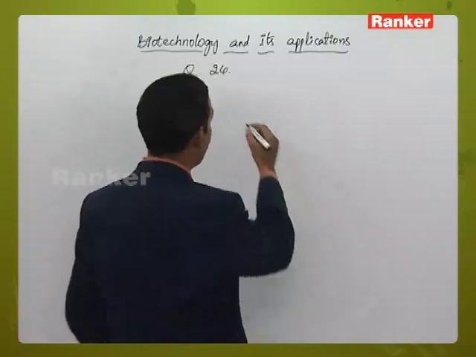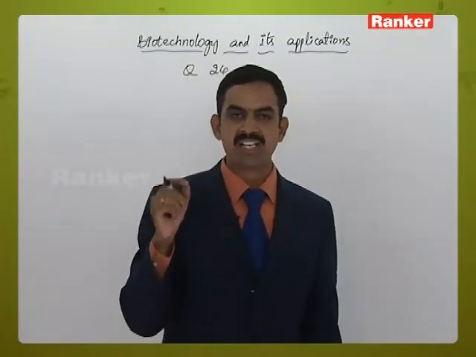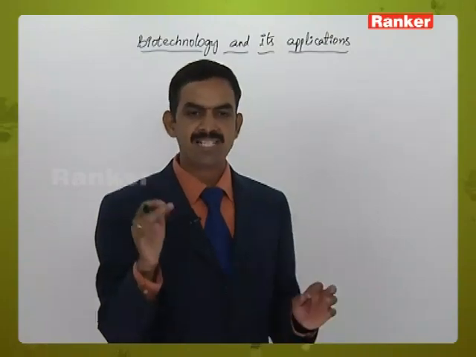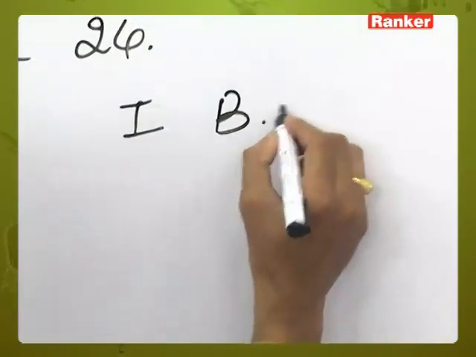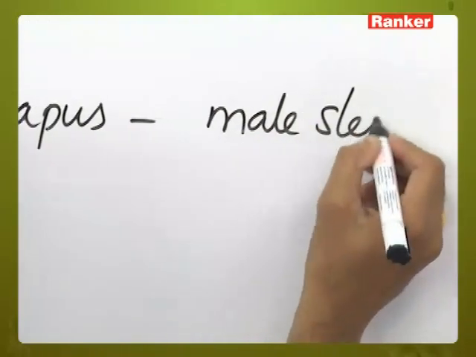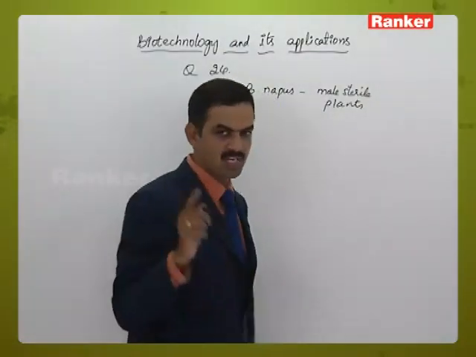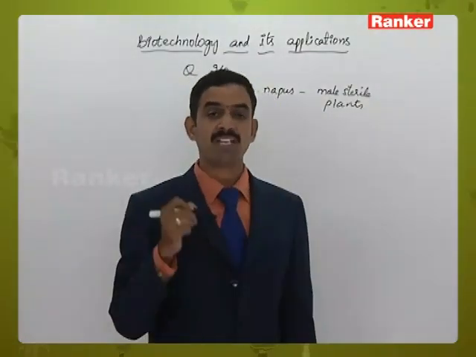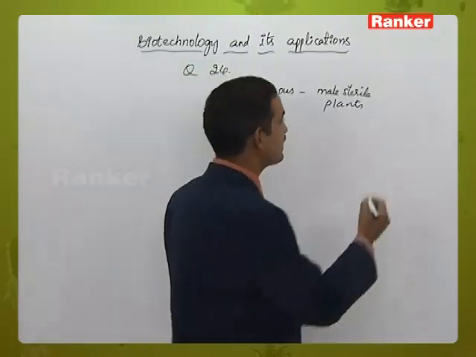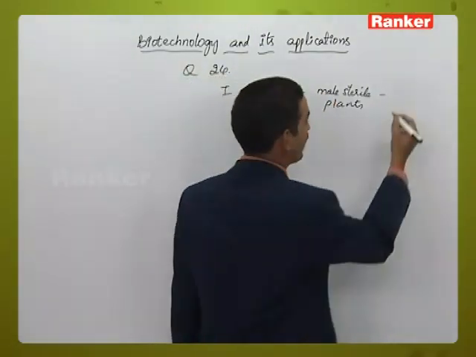So first one is Brassica napus. Already we have studied that male sterile plants are produced by Brassica napus. So what is the importance of these male sterile plants? Here there is no need of emasculation, that is one thing, and also we can reduce the cost of hybrid seed production.